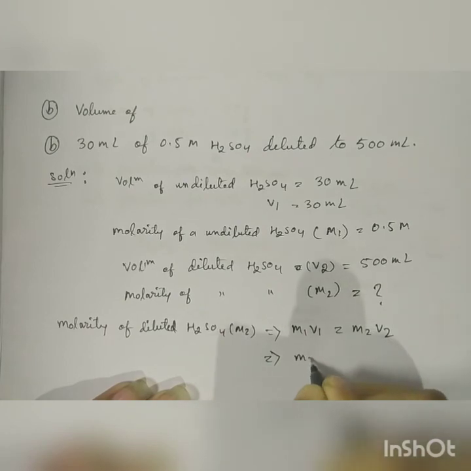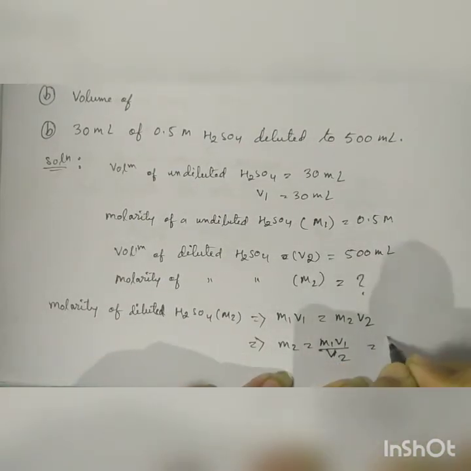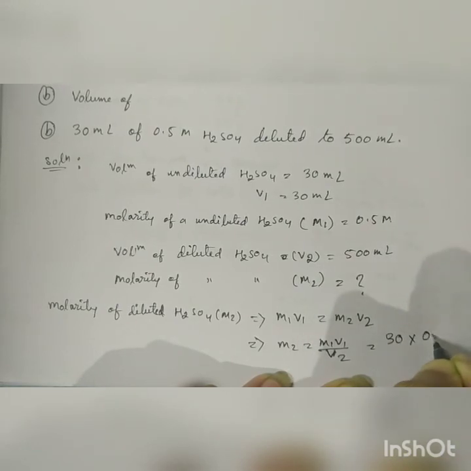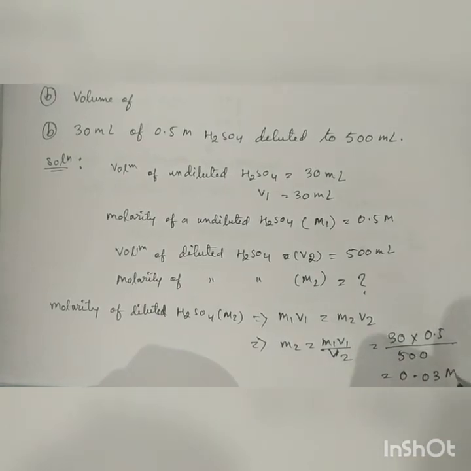So M2 equals M1V1 by V2, which is 30 into 0.5 divided by 500. So this will be 0.03 molar.